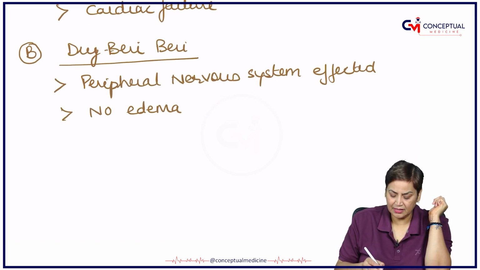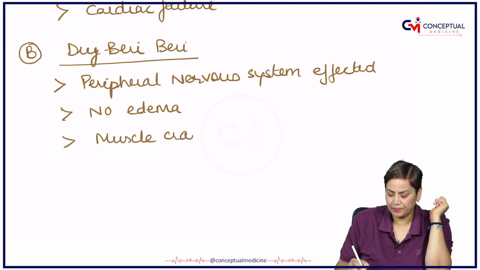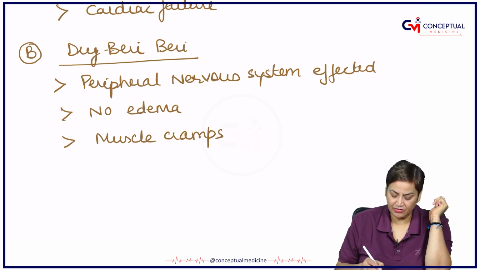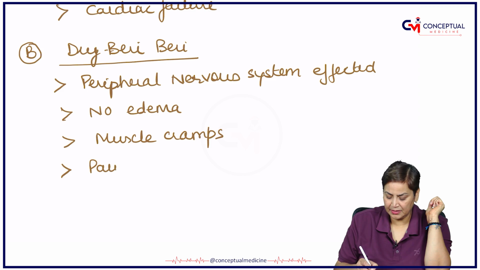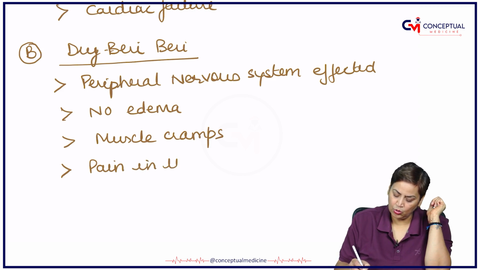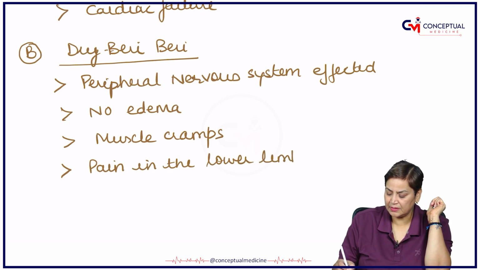Then muscular cramps will be there, and there will be a pain in the lower extremities or the lower limbs.